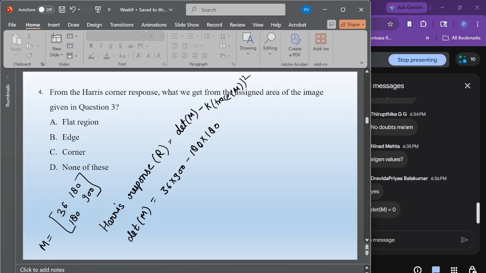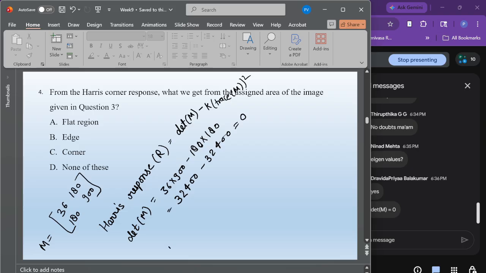Yes, that is correct. If you multiply, you get 32,400 minus 32,400, so our determinant will be 0 here, right?